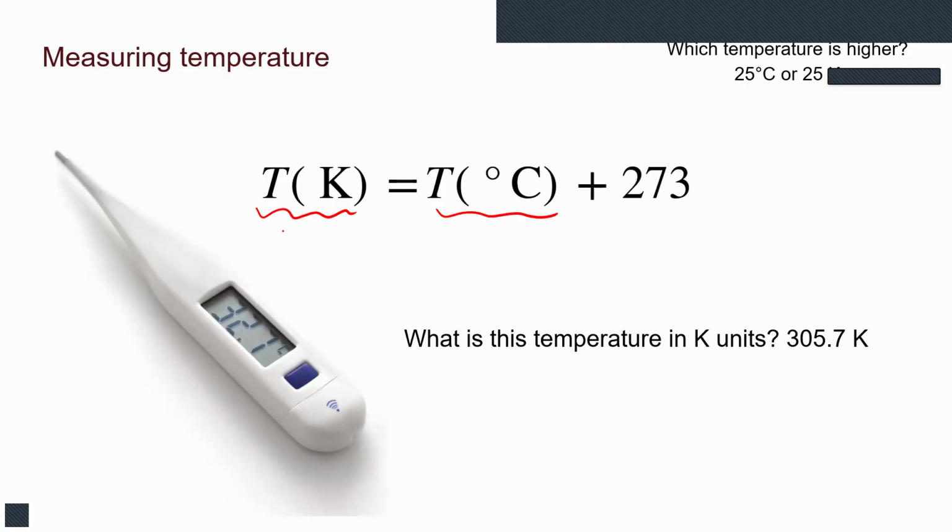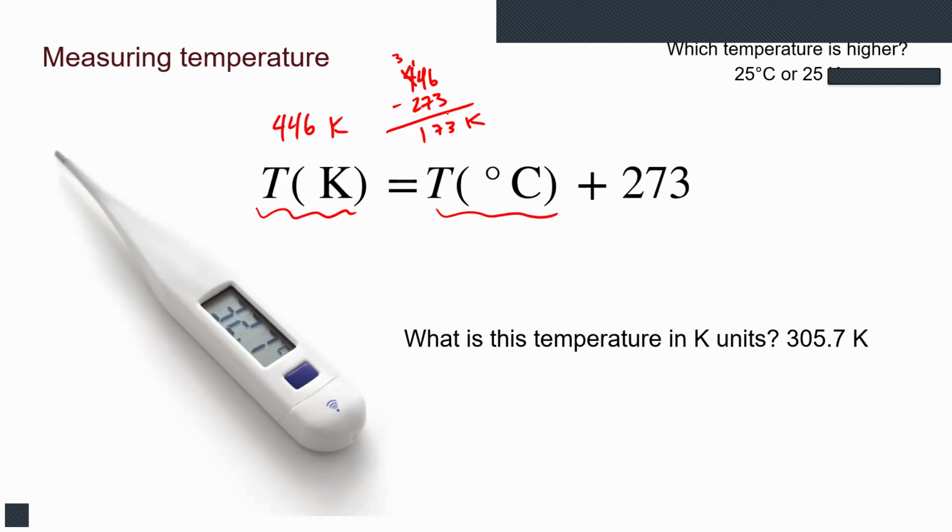So if you see something that is 446 Kelvin, and I ask what is this temperature in degrees Celsius, then you'd say 446 minus 273, and you get 173 degrees Celsius.